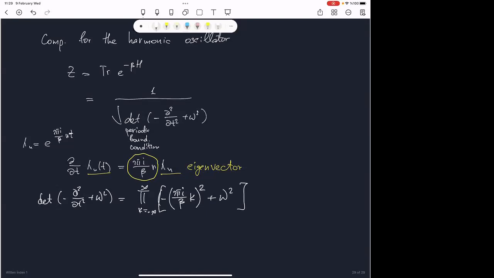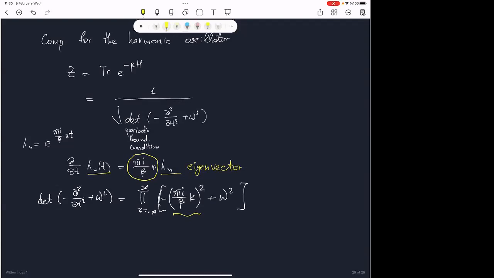Now you need to compute this. Actually this is not so hard to compute. You need to take out this piece and somehow rewrite this product, and if you Taylor expand the sine function, you can easily see that it's sine or cosine.